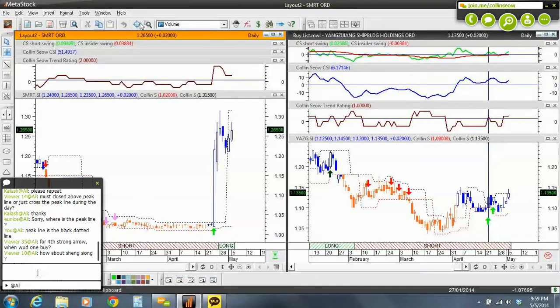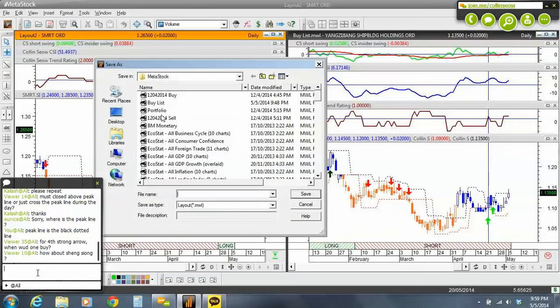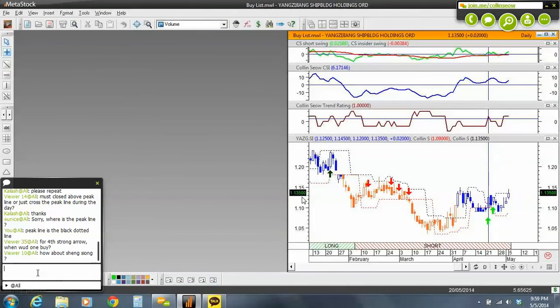You move SMRT from the buy list into layout 2, you call it portfolio, and save it under portfolio. So right now, you take SMRT out from the buy list and put it into portfolio. Follow? Any question?